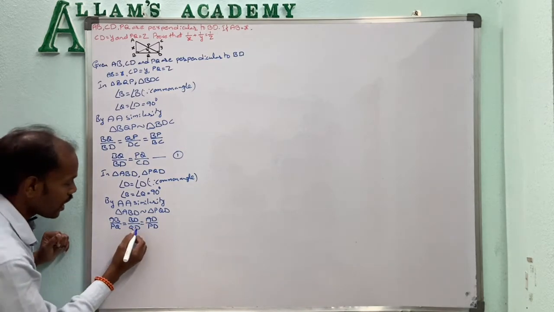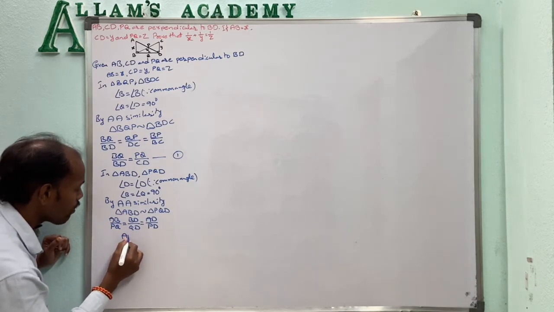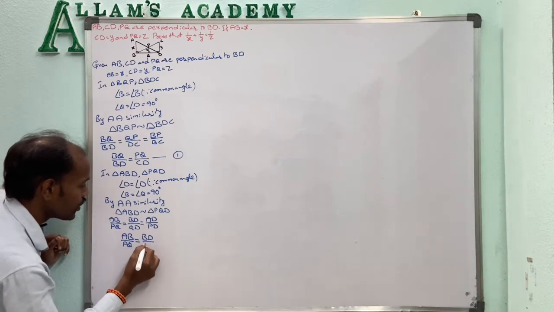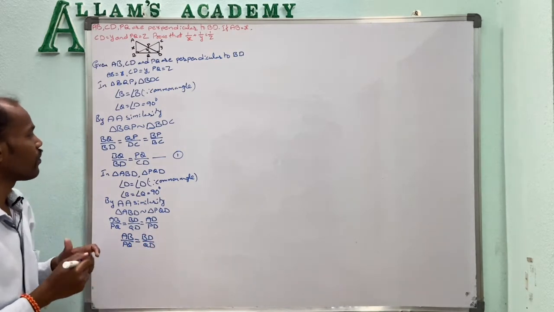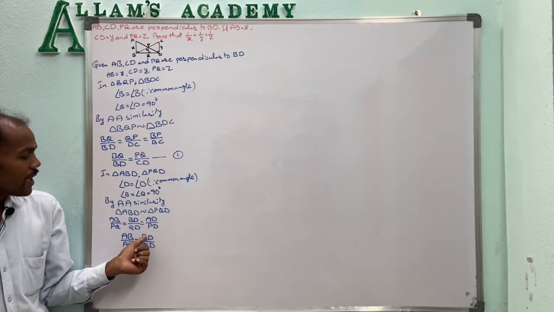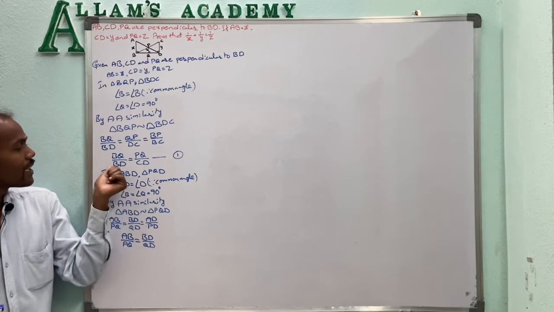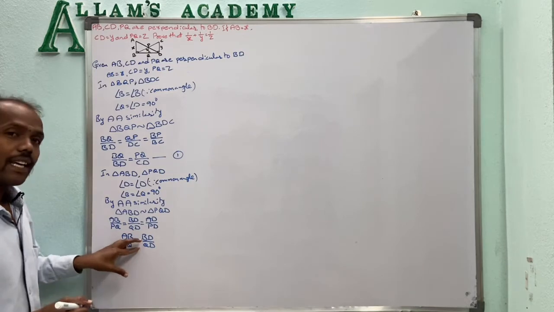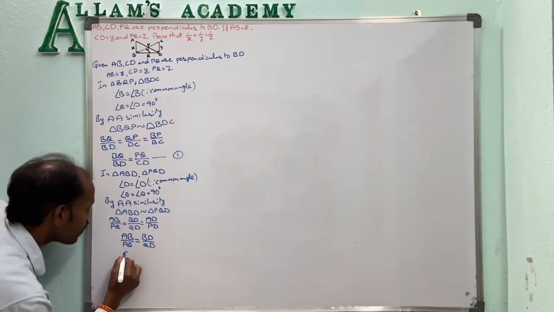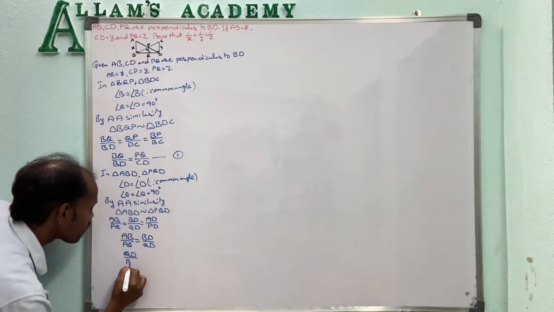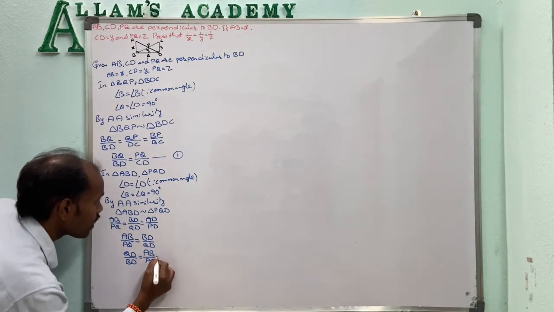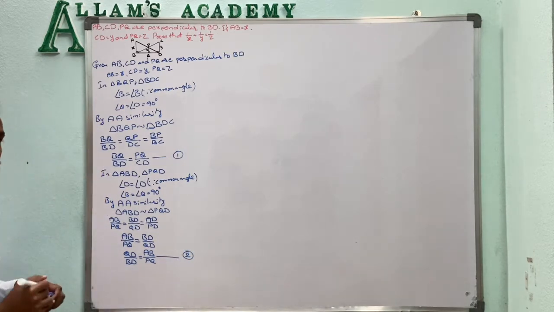So AB by PQ equal to BD by QD. Now in the first equation observe BQ by BD. Here BD is the denominator, there it is the numerator. So we write the reciprocal of this fraction. That means QD by BD equal to AB by PQ. We take this as equation 2.